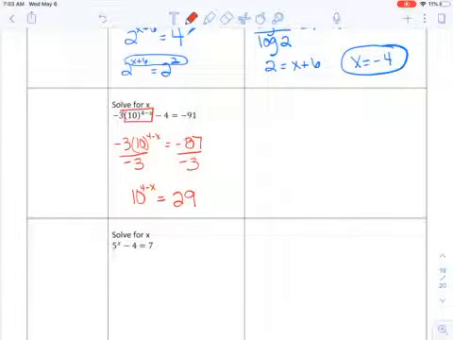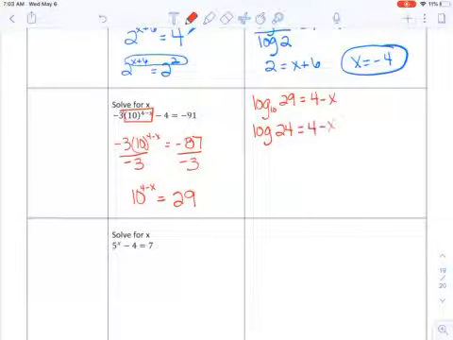I'm going to write that in log form. So log base 10 of 29 equals 4 minus x. Now, again, SAT, ACT stuff, you're probably not ever going to see it written log base 10. You're just going to see this, log 29 equals 4 minus x. Whoops, except that I wrote 24, even though I said 29.